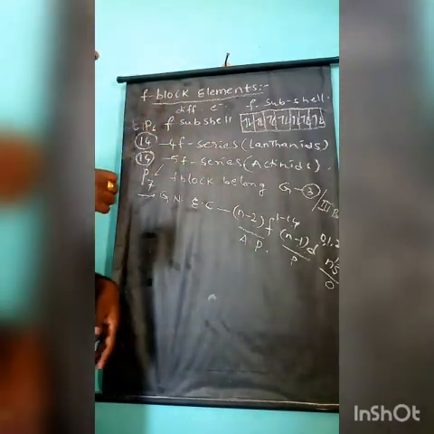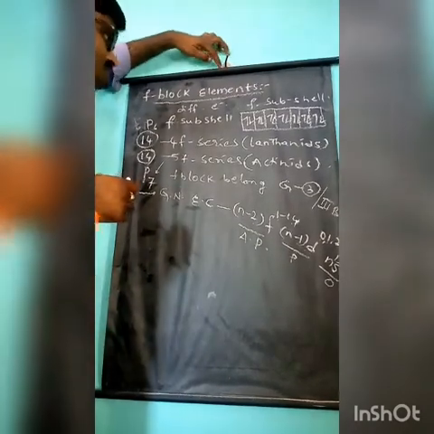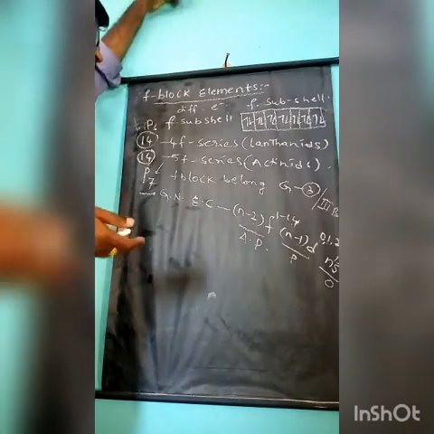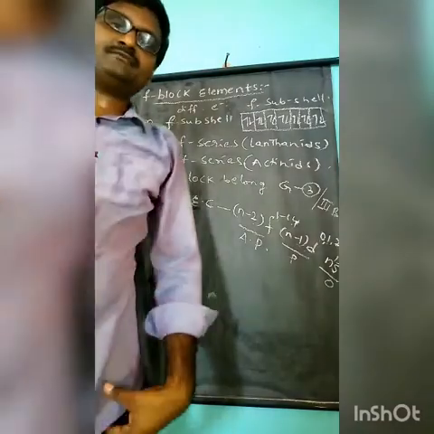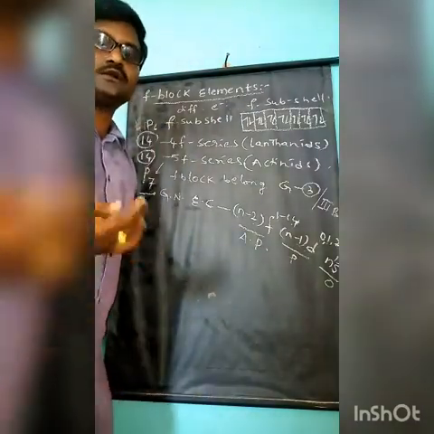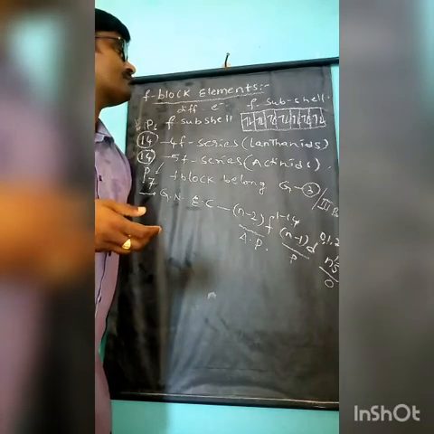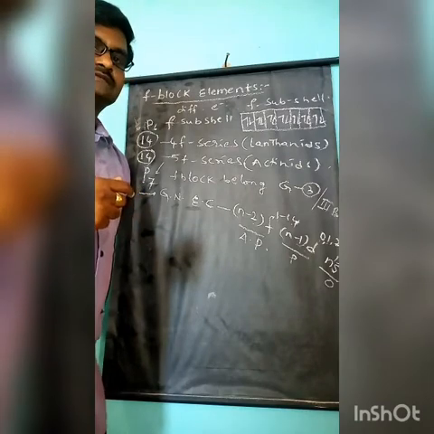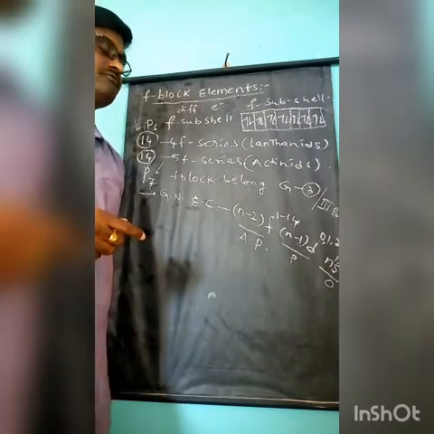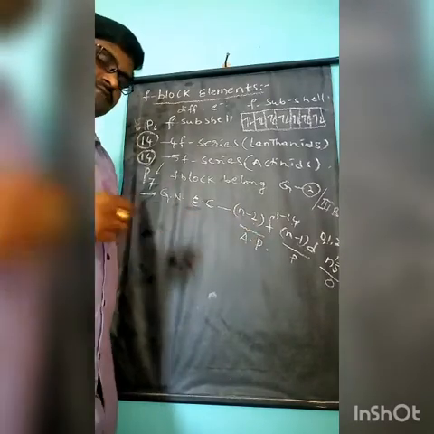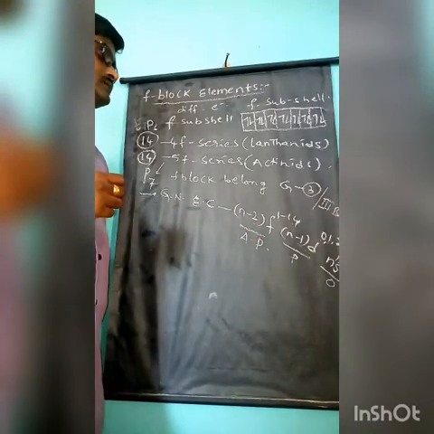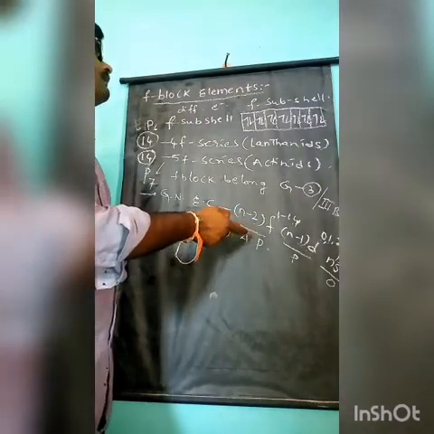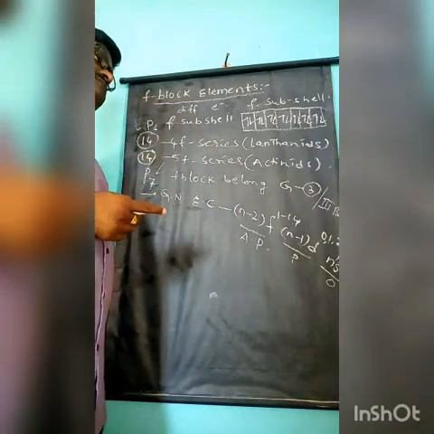Just write down the F block elements. The elements in which the differentiating electron enters the F subshell of the anti-penultimate shell are known as F block elements.